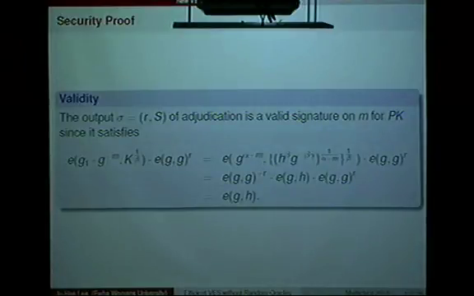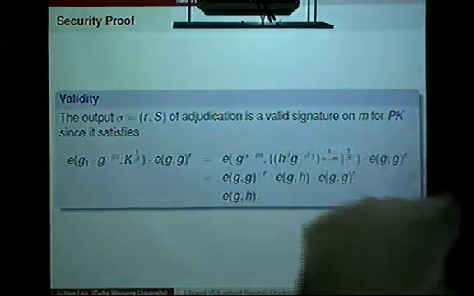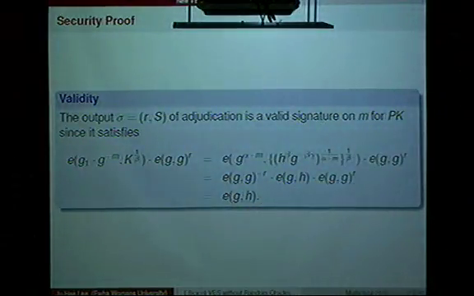This slide is the security proof. In this step, we first check the validity, but we already checked the validity for the VES in the verify step. So we need to check the validity of the adjudicated VES.